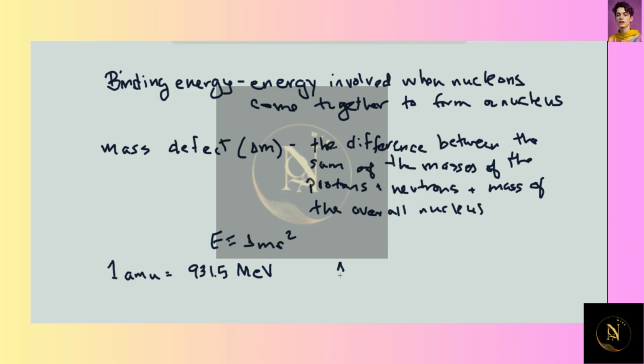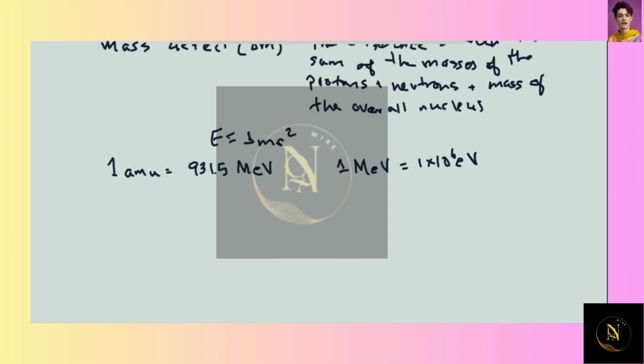A mega electron volt is equal to 10 to the 6 electron volts. And electron volts are related to joules. 1 electron volt is 1.602 times 10 to the minus 19 joules.